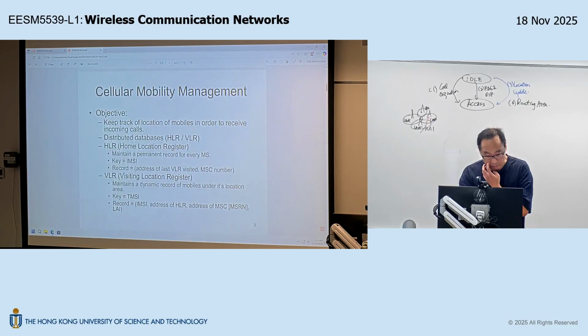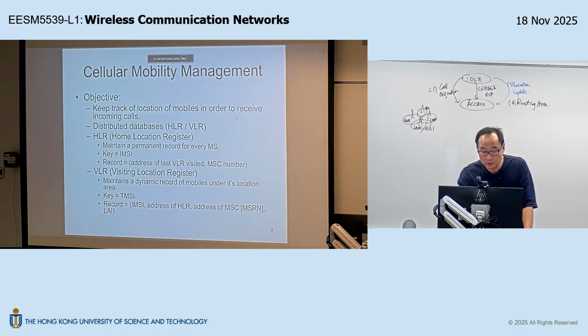Mobility management. Now there's one important concept, as I said. It keeps track of the location of mobiles in order to receive incoming calls. So this is for circuit switch services, this is for the 2G network, and in the 3G circuit switch domain, this is still applicable.